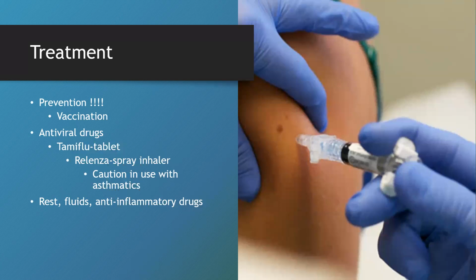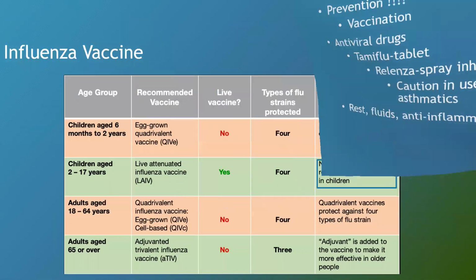But typically, when you get a viral infection, it's really more supportive: rest, fluids, and anti-inflammatory drugs, and you hope that your immune system kicks in and helps you get better, because again, for COVID-19, we have no magic bullet. We do have some antiviral drugs out there for other viruses that I'll cover in a second.